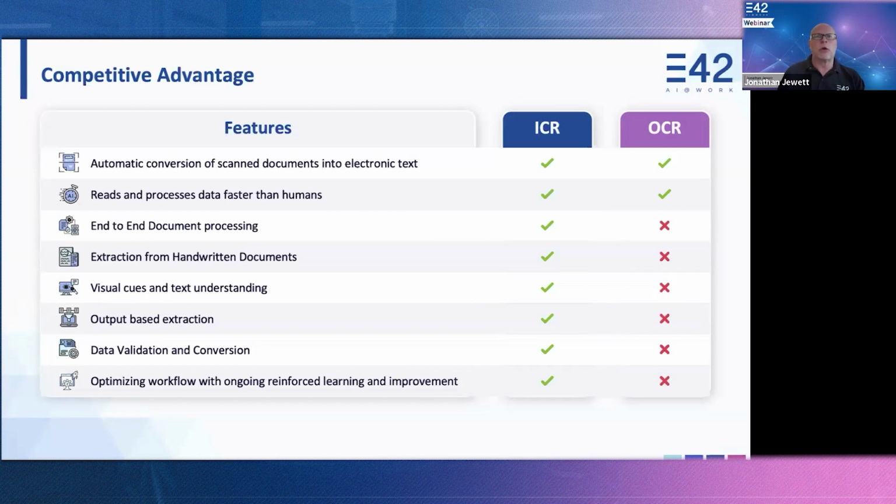Again, the net result is that with an OCR system, you're going to run into those inherent limitations and ceilings we talked about with technology. Whereas with ICR, it can handle almost anything that you get today with minimal training.